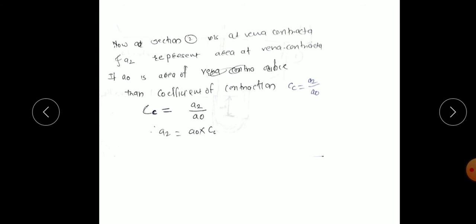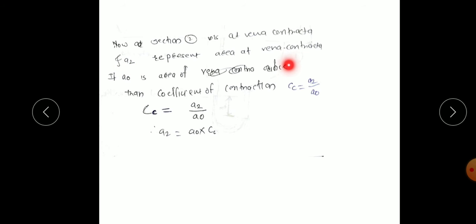Now at section 2, at the vena contracta, the area is, suppose, A2, and AO is the area of the orifice. That means at the hole the orifice area is AO, and at the vena contracta the area A2 is minimum.